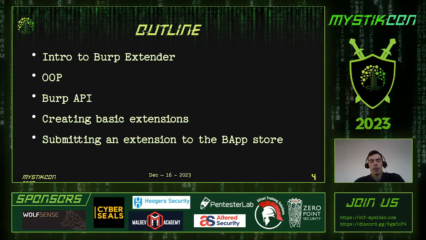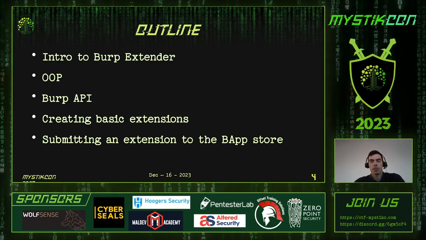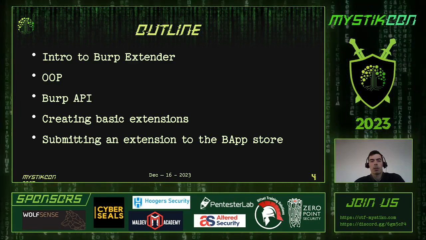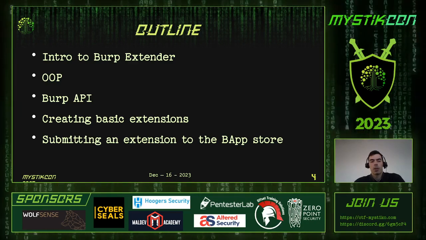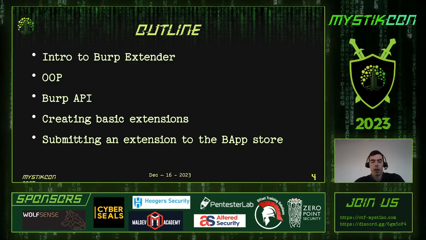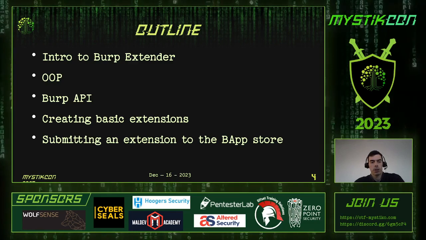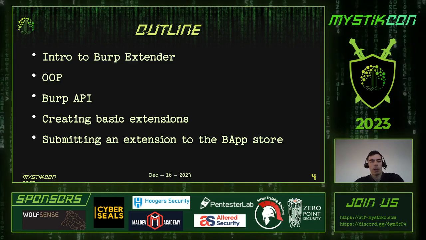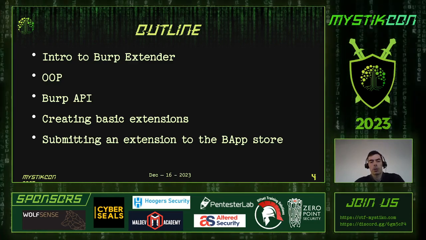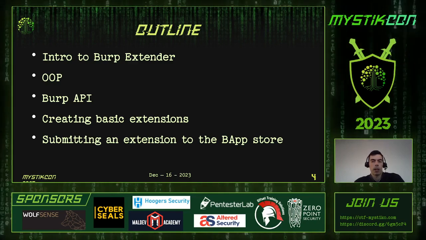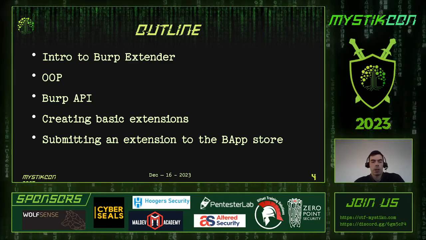This is how this talk is going to be structured. I will give a brief introduction to Burp Extender, then talk about object-oriented programming, which is something essential if we want to create our own extensions, although I'm aware that many people in cybersecurity don't like to code, but in this case it's necessary, and I think it's something worthwhile anyway to learn to code.